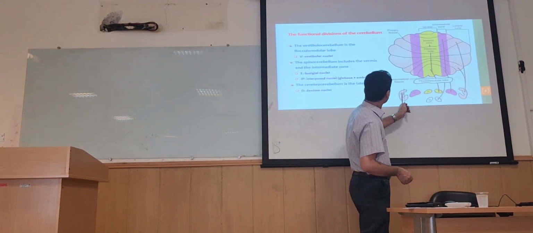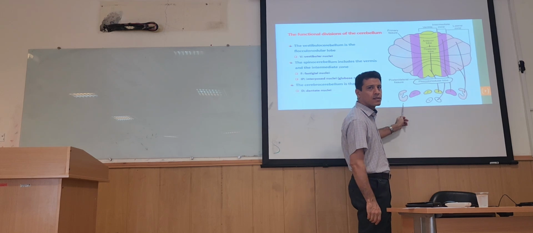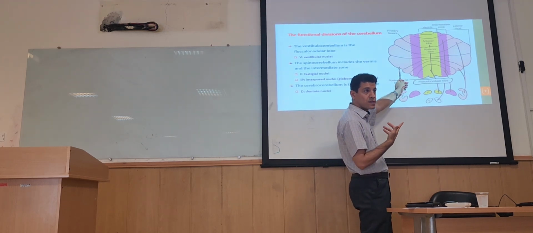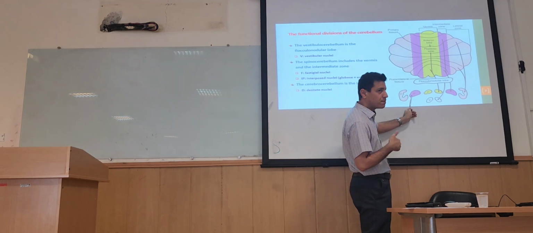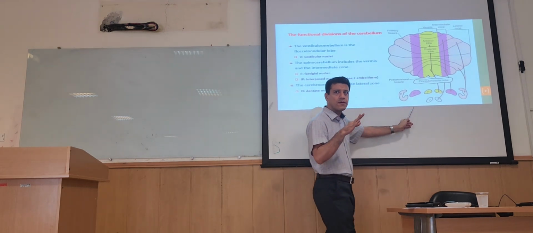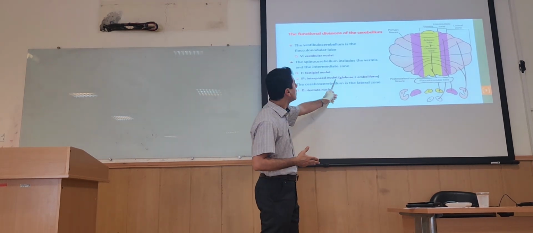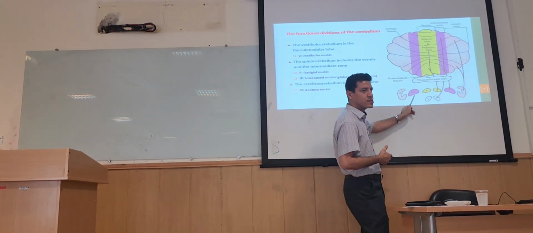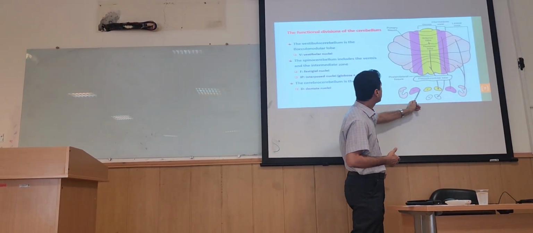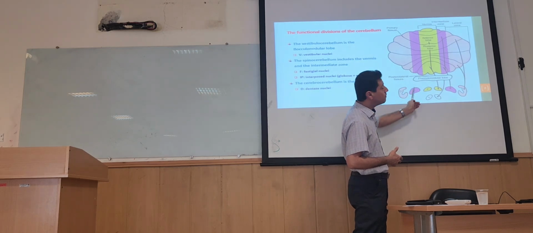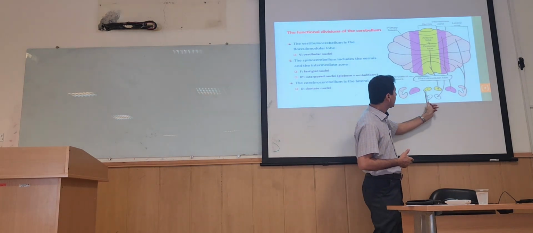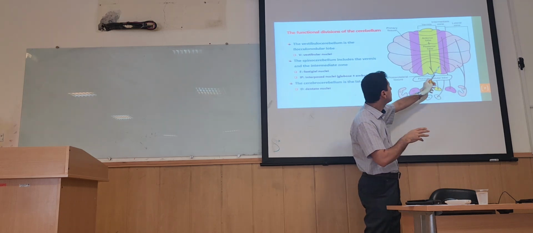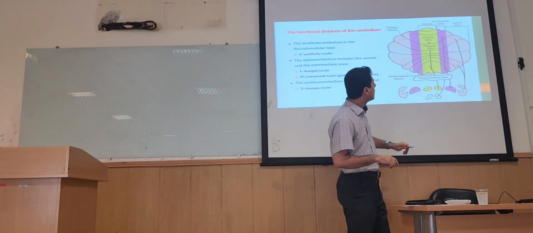So the dentate nucleus is associated with the lateral zone of the cerebellum. The interposed nucleus, which is composed of the globose and emboliform nuclei, is associated with the intermediate zone. And the fastigial nucleus is related and connected to the vermis part.